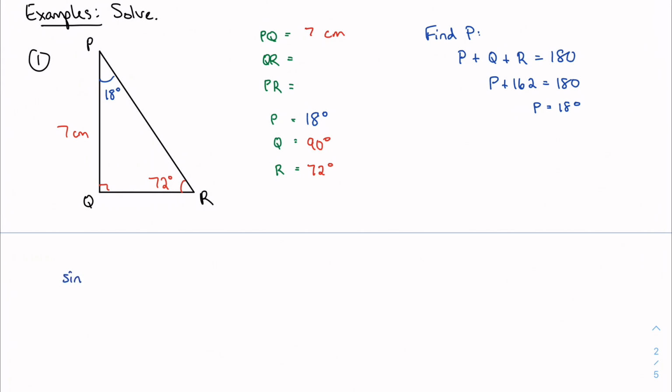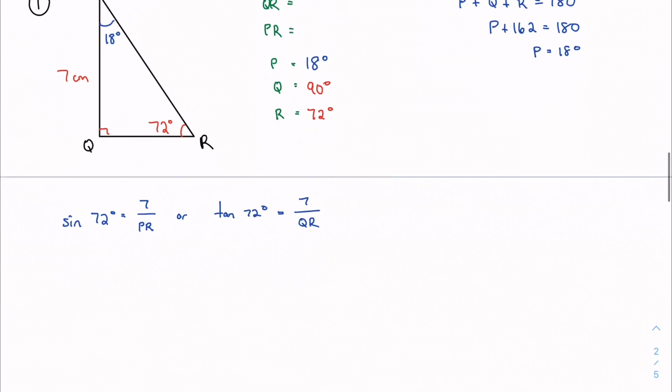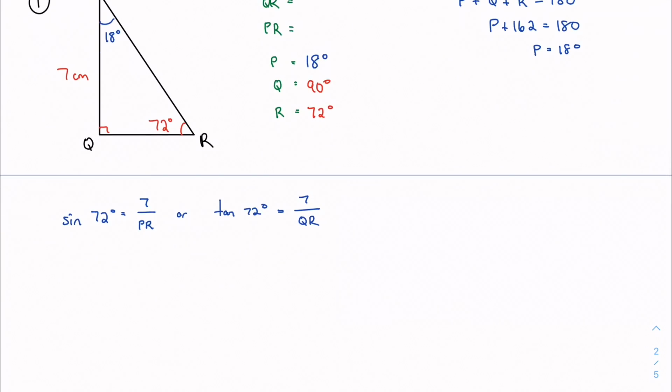I know that sine of 72 is going to be opposite 7 over the hypotenuse, which is PR. Or I know that tangent of 72 is going to be the opposite side, 7, over the adjacent, which is QR. I can use whichever one I want. I prefer just to stick with sine. That's just me. So I'm going to go ahead and solve this.